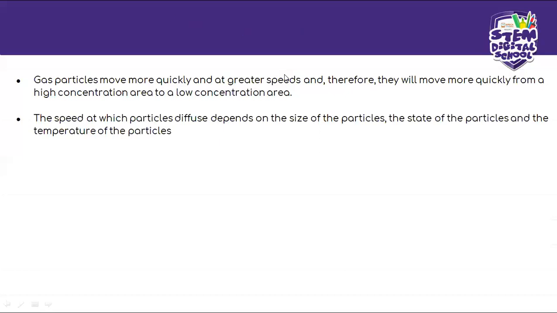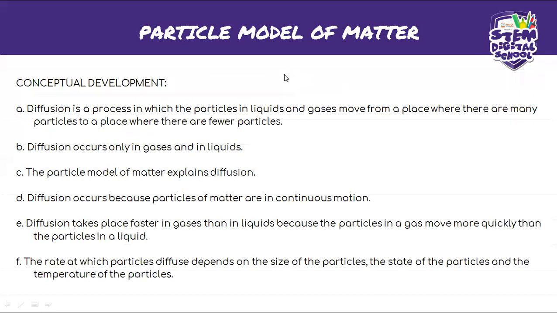All right. Now let's look at another conceptual development in terms of diffusion. We say diffusion is where particles in liquids and gases move from a place where there are many particles to a place where there are fewer particles.